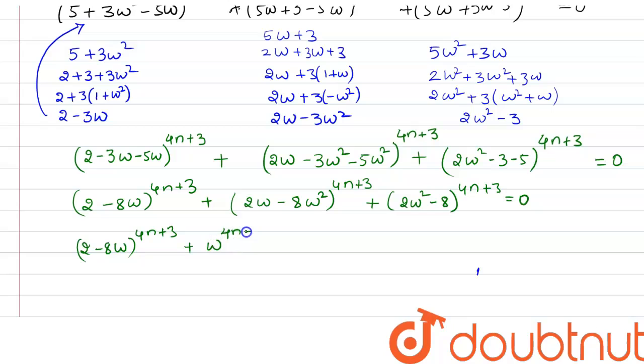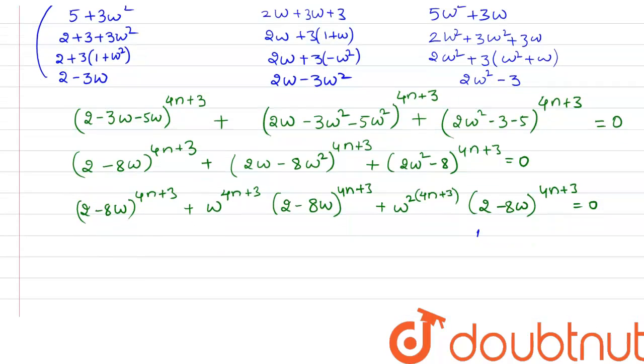Omega to the power of 4n plus 3 into (2 minus 8 omega) whole to the power of 4n plus 3. In this next term, let us take omega square common. If we take omega square common, what do we get? Omega square into 4n plus 3 into, for this term, (2 minus, what is the value of 8 by omega square? It is nothing but 8 into omega) whole to the power of 4n plus 3 is equal to 0.